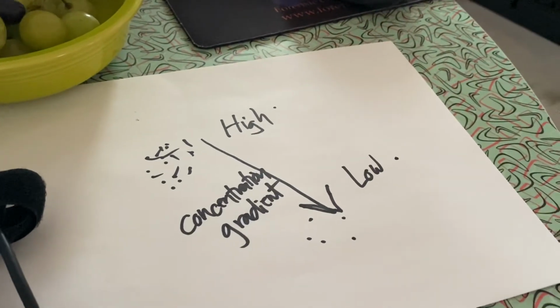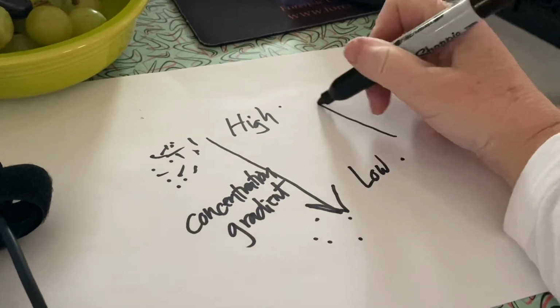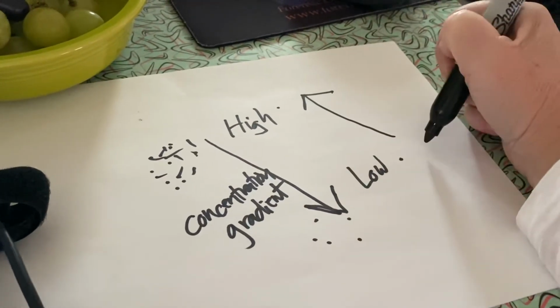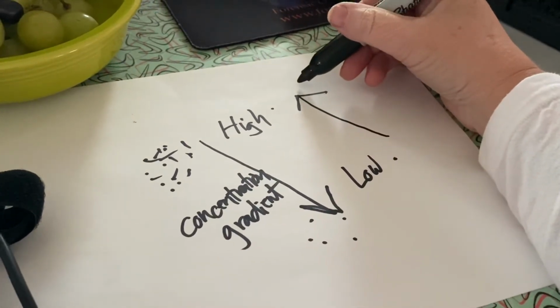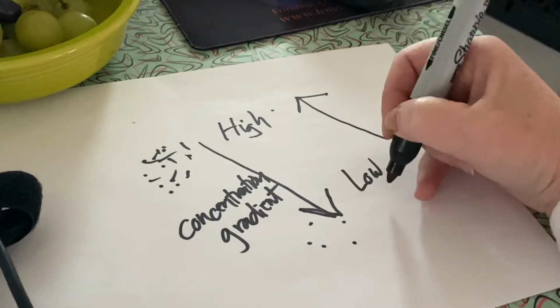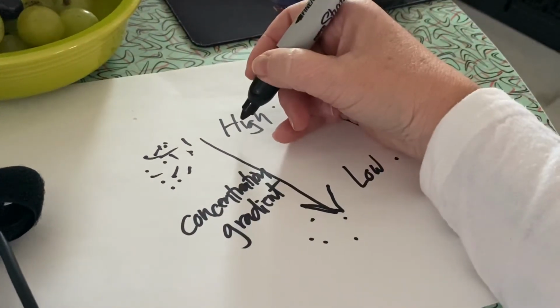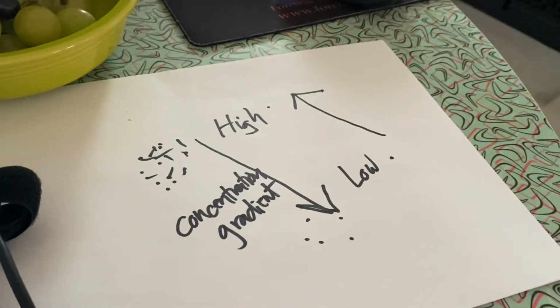Later, I'm going to talk about going against a concentration gradient. That would be when you're trying to move molecules from a low concentration back towards a high concentration. This absolutely requires energy because this isn't naturally going to happen. Going from high to low is going to naturally happen.